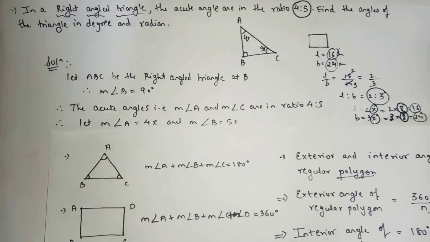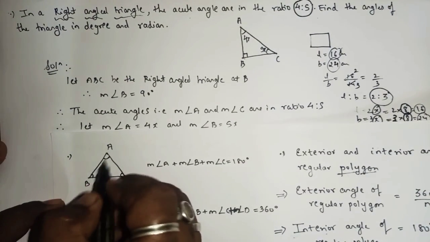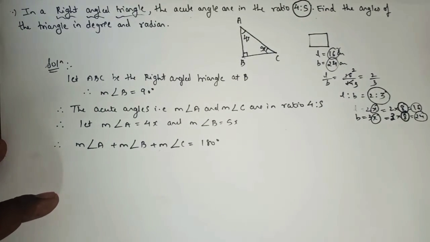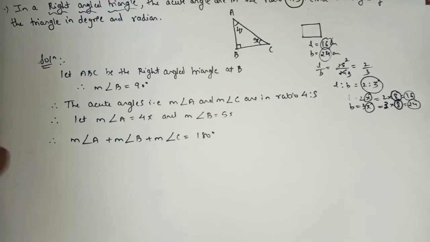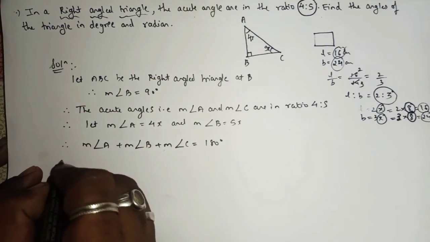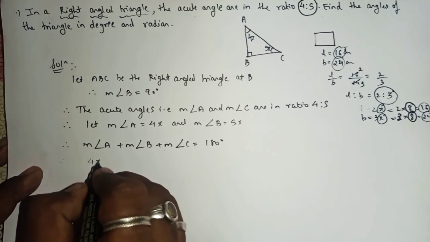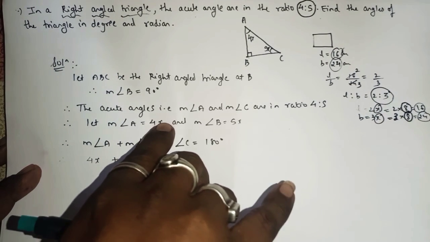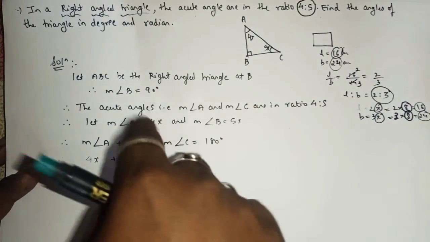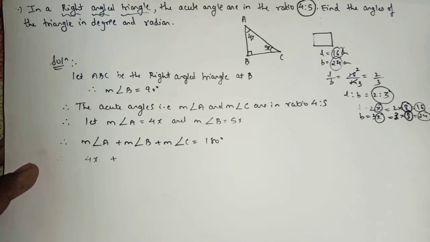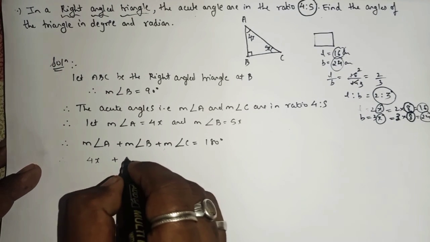Stick with the same property. It is not compulsory to consider x; you can take any alphabet, K, P, D.